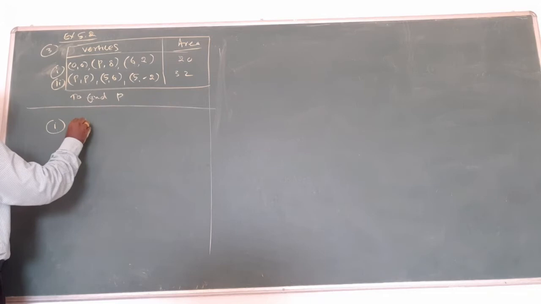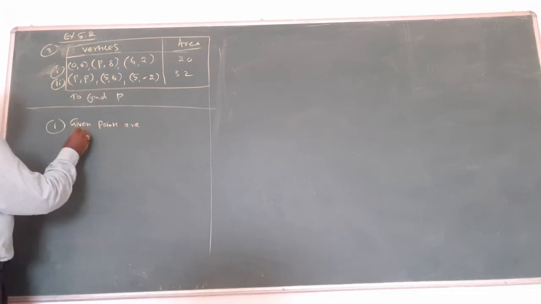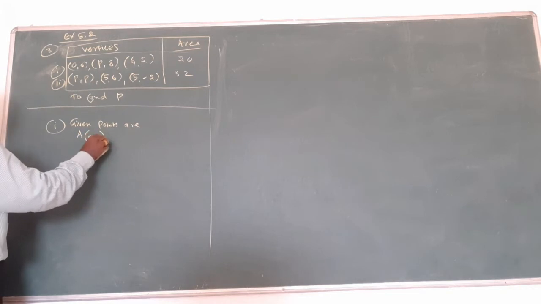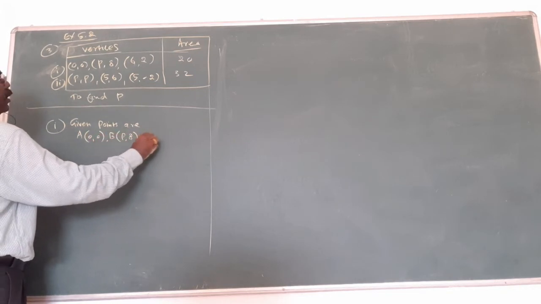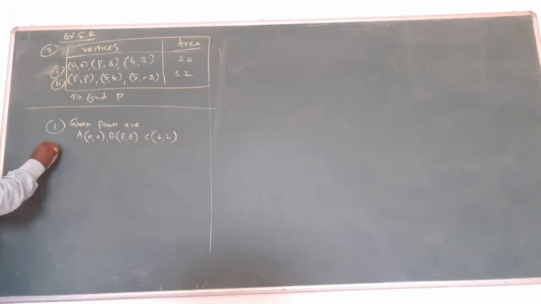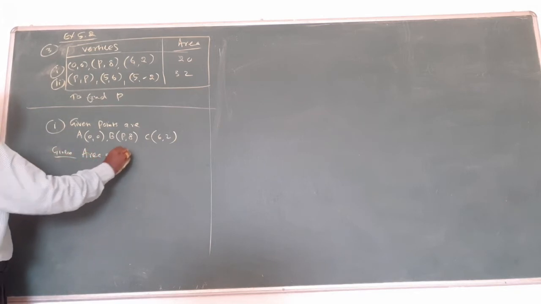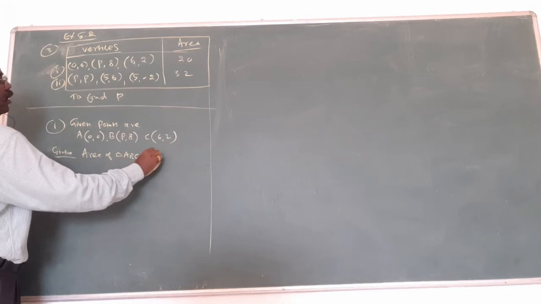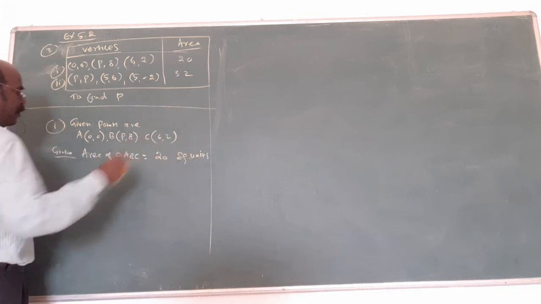What is given? The given points are A 0, 0, B b, 8, C 6, 2. One more thing given: the area of the triangle ABC equal to 20 square units.